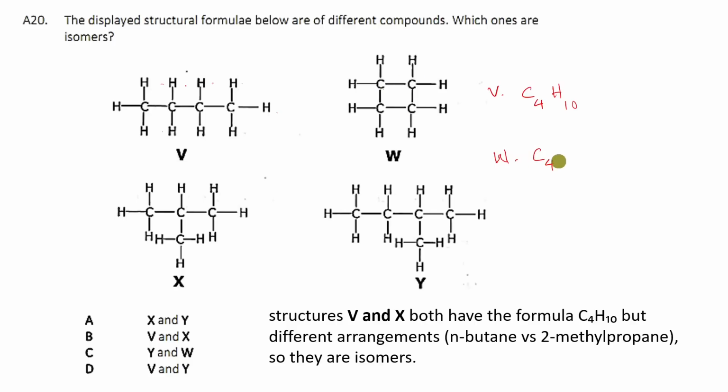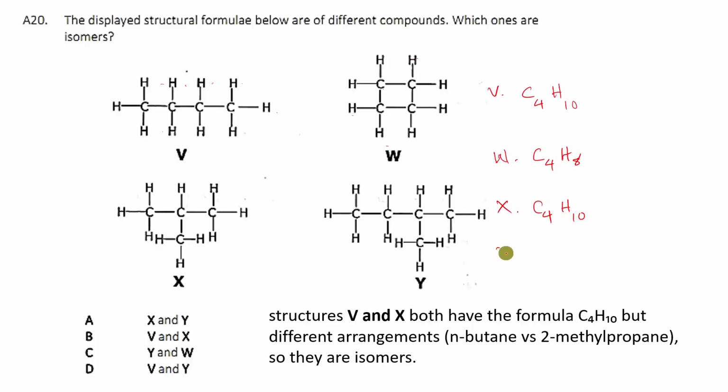Hydrogen, how many? 1 to 8. 8. Then we'll go to X. How many carbon? 4. How many hydrogen? 1 to 10. 10.